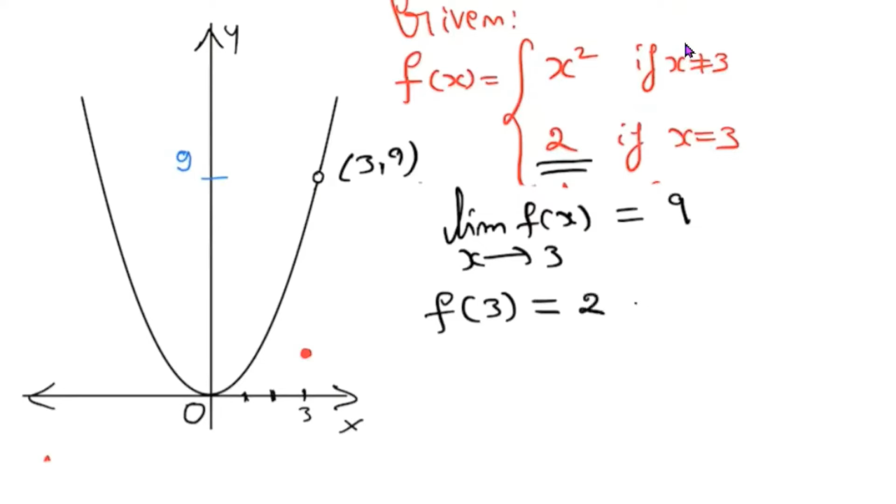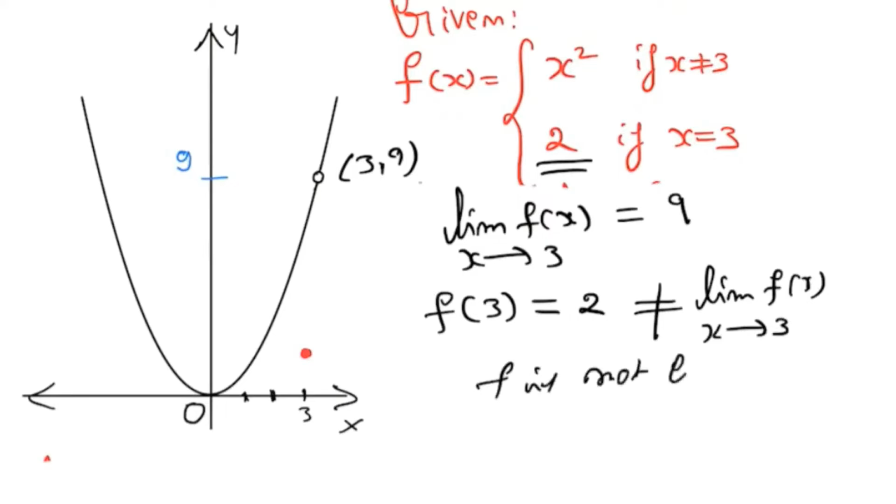So clearly, this value is not equal to the limit of f of x as x tends to 3. Therefore, f is not continuous, or simply discontinuous, at x equal to 3.